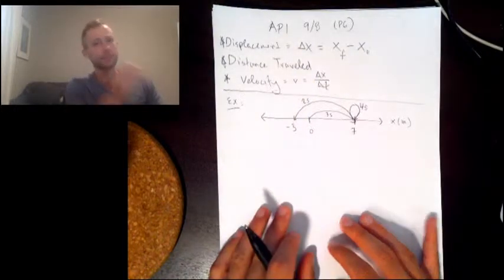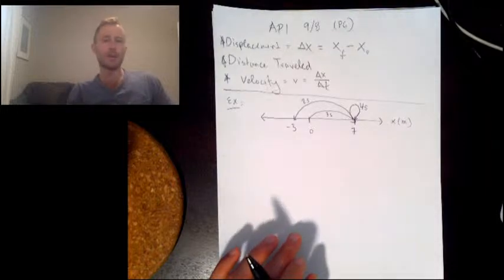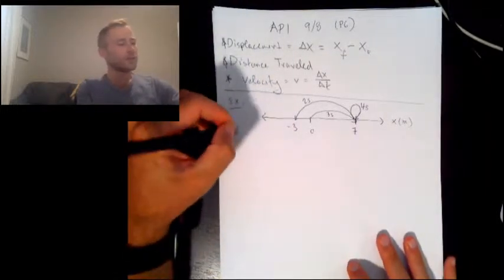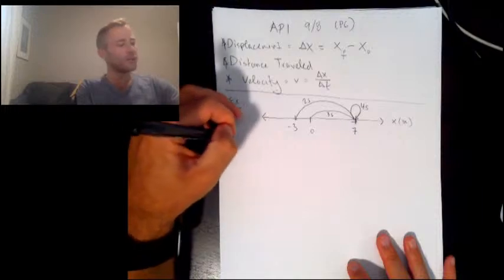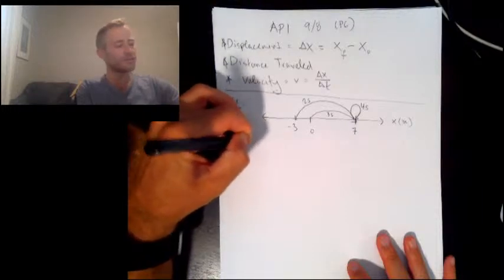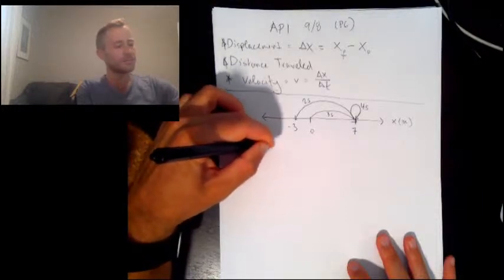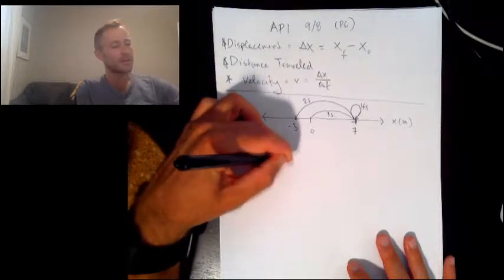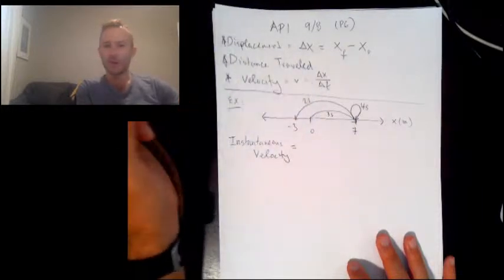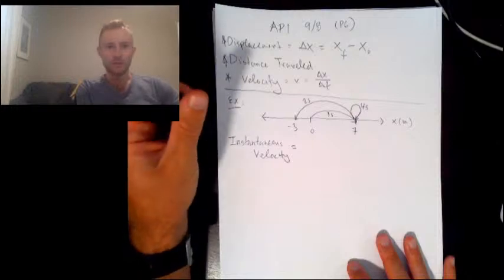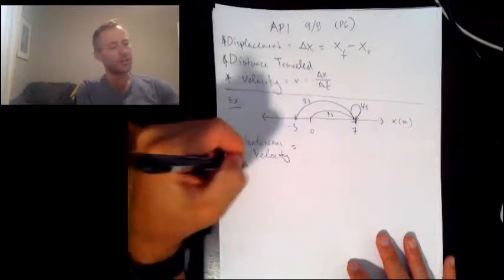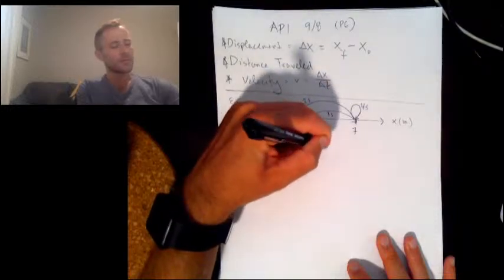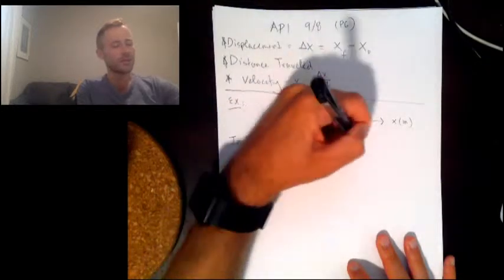Okay? And so this is going to introduce us to the concept of instantaneous velocity. Okay? Instantaneous velocity is the velocity at a particular moment.